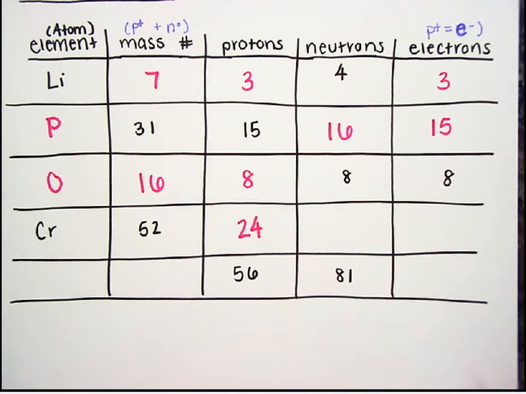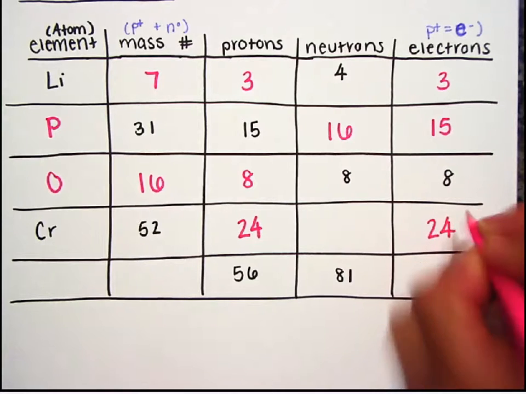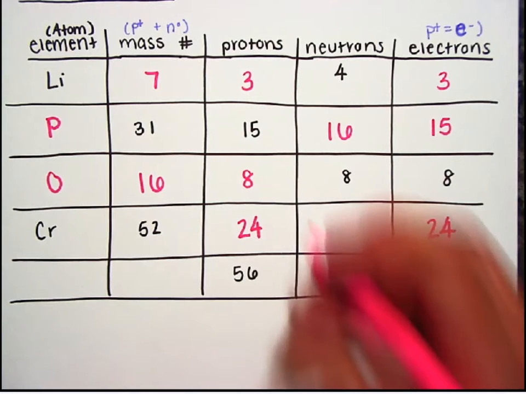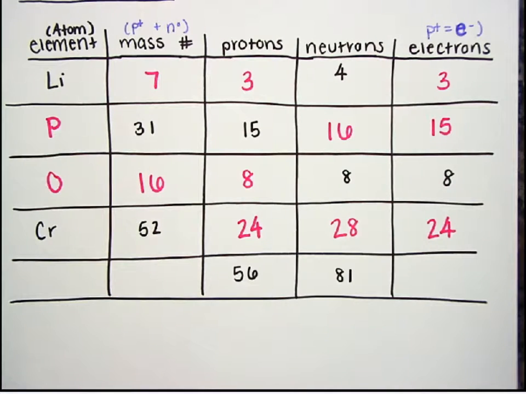Protons equal electrons in an atom. 24 protons, 24 electrons. The mass is protons plus neutrons, so take your mass of 52, subtract out your 24 protons, we would be left with 28 neutrons.